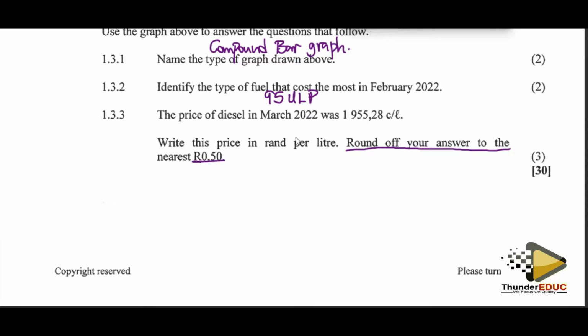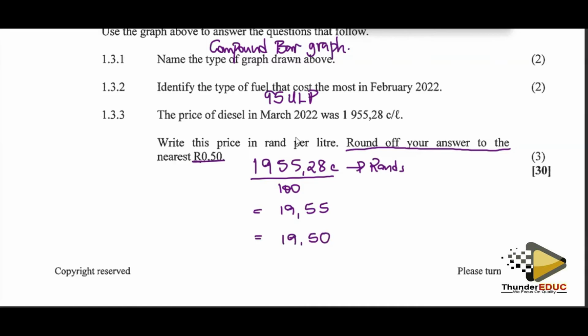We shall come down here and say these are cents. We want them to become rands. So what do we do? We divide by 100. You end up having your answer as 19.55. But because we no longer use 5 cents, this will become 19 rands 50 cents per liter.